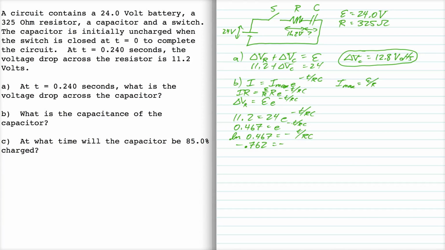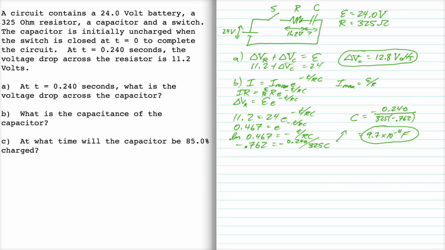So now I'm going to go ahead and plug in for time 0.240, and I'm going to plug in 325 for the resistance. Now if I solve this equation for C, I get that C is equal to negative 0.240 divided by 325 times negative 0.762. So the two minus signs cancel out, and I'm left with 9.7 times 10 to the minus 4 farads for the capacitance.